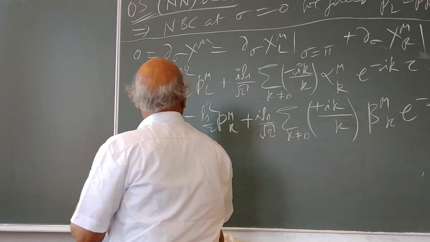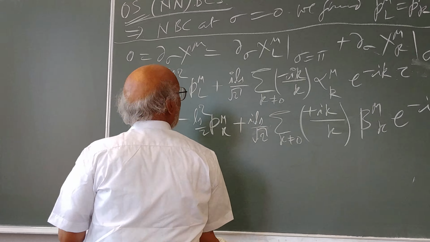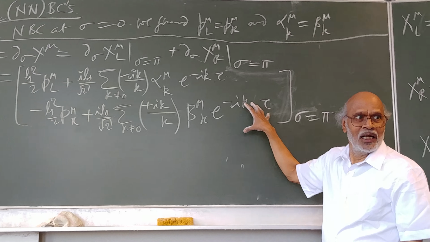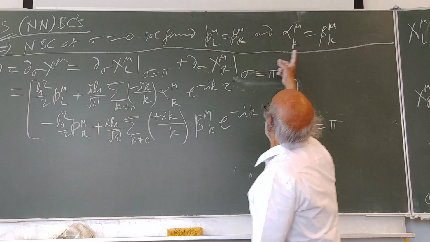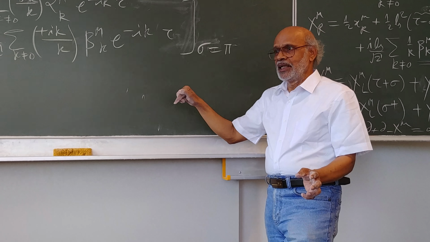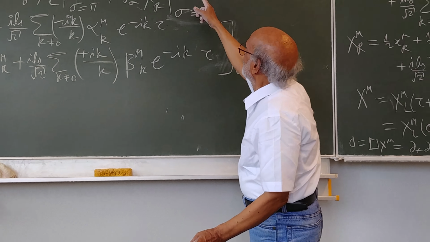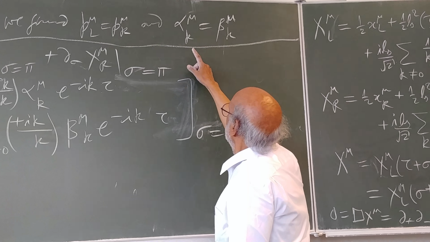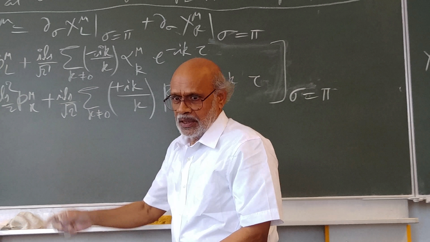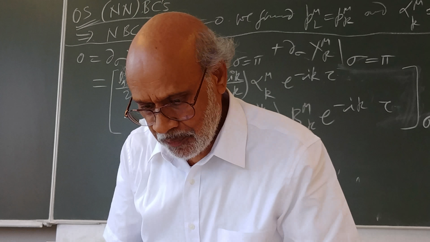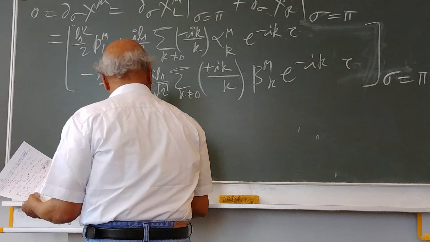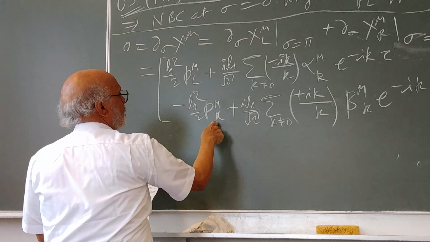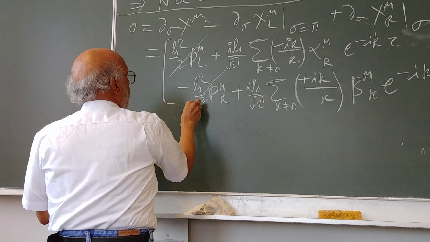How do we do it? We have to implement three things at sigma equals pi. And of course, these two additional things still hold, which we have derived already: that P mu L is equal to P mu R, which we can call P mu, and alpha and beta are also the same. So if we take P mu L equal to P mu R, then this term would drop out.